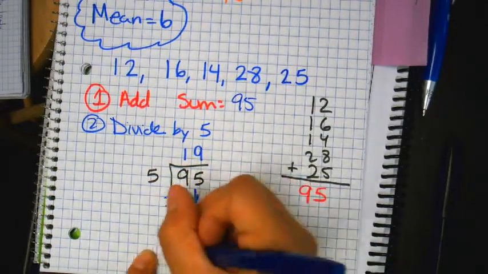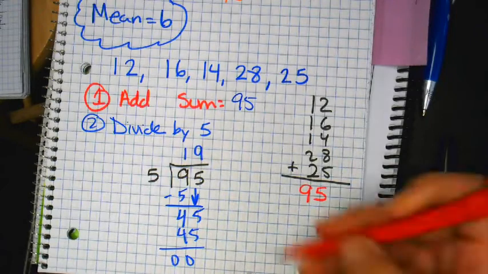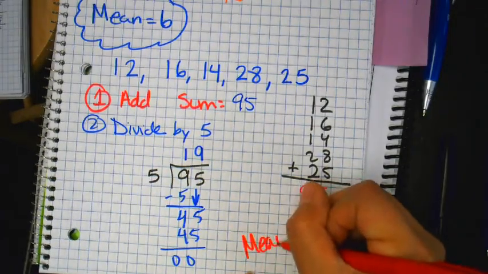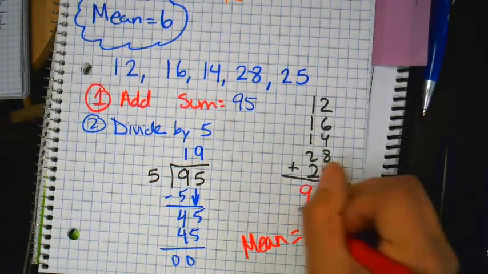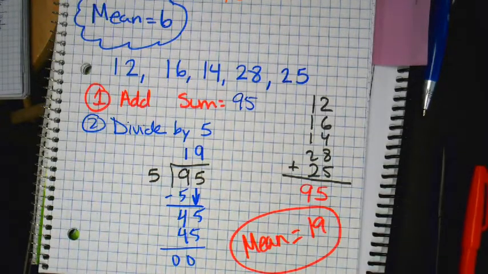So therefore, my mean is equal to 19. Are we okay so far? Like I said, it's supposed to be easier.